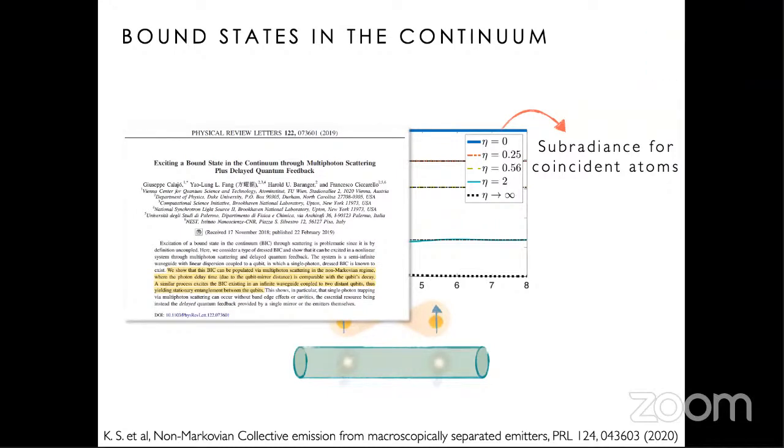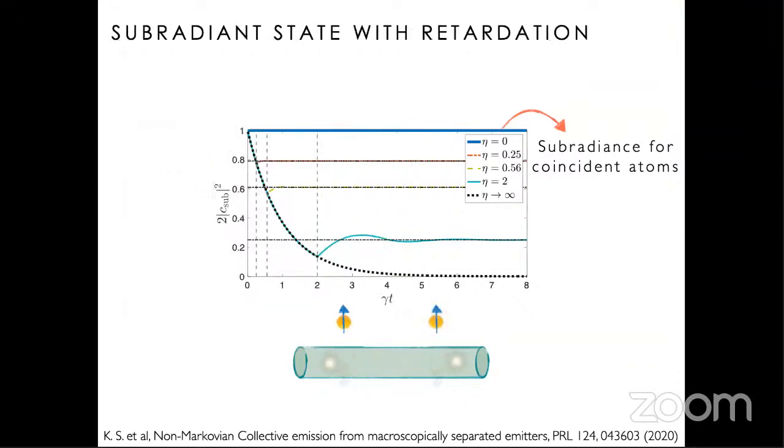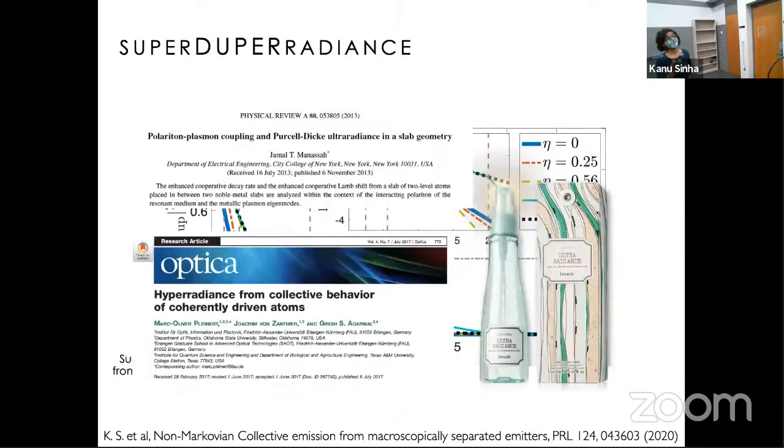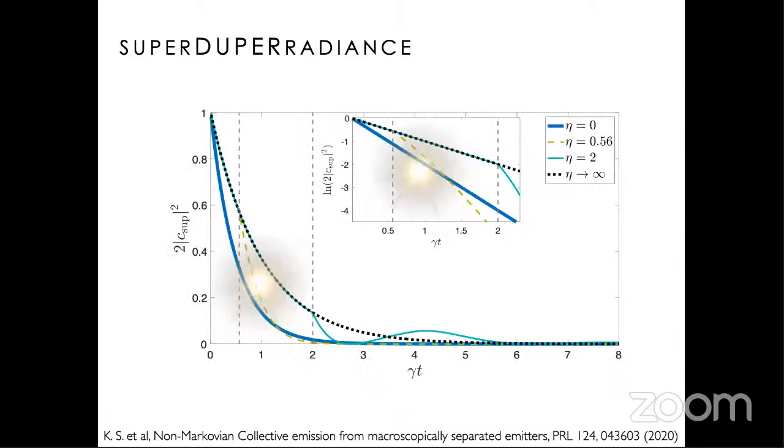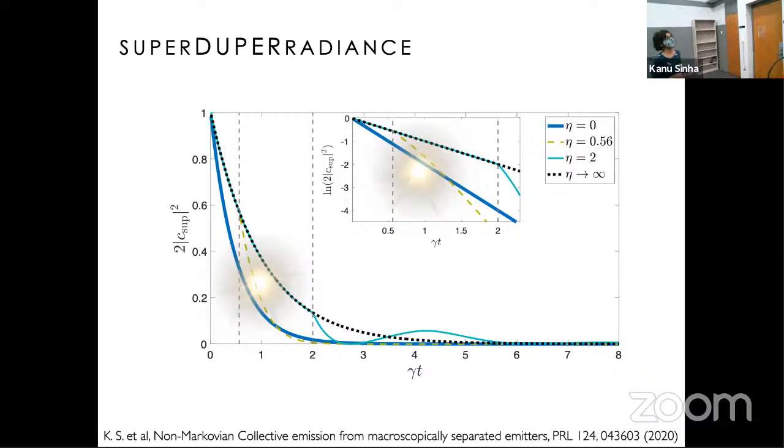So that's correct. You go back to your equation. In two emitters coupled to a waveguide with a Markovian bath, you would get flip-flop and then the superradiant and subradiant decays. I agree that there is no exponential decay behavior anymore.